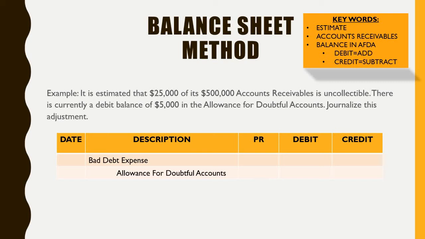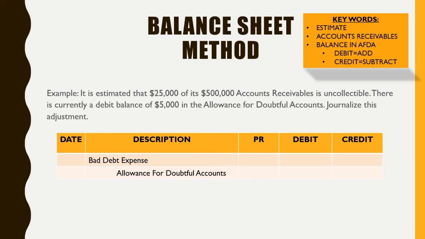If there's currently a debit balance, right, the method here is, once you recognize the word debit, you're going to add the amounts together, okay? Because we need to get to a total of $25,000 in my allowance for doubtful accounts as a credit.